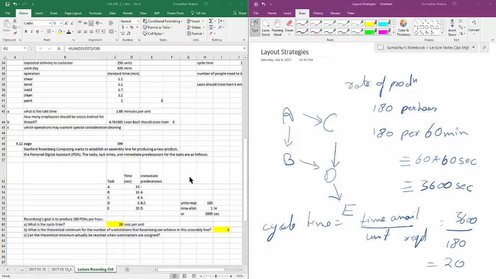Now let us see how that would be possible. If we were to arrange, we have our little diagram here.